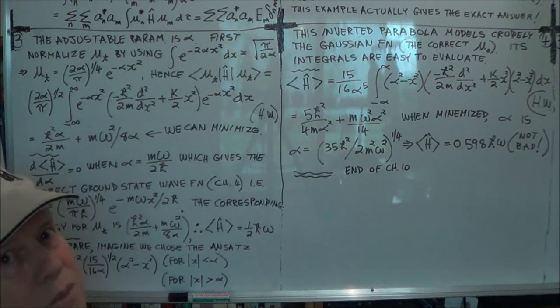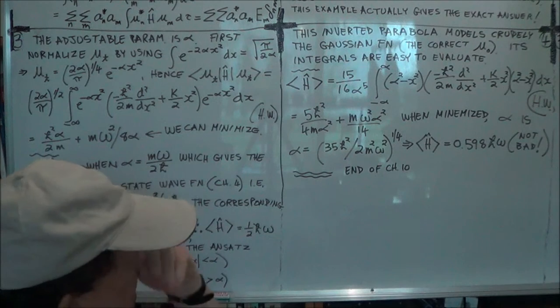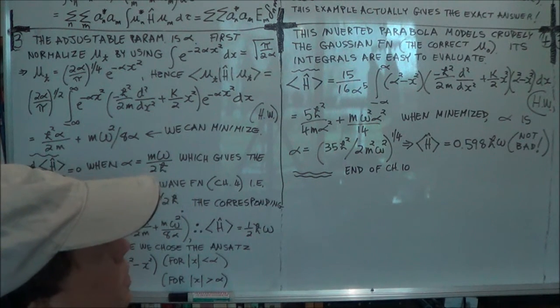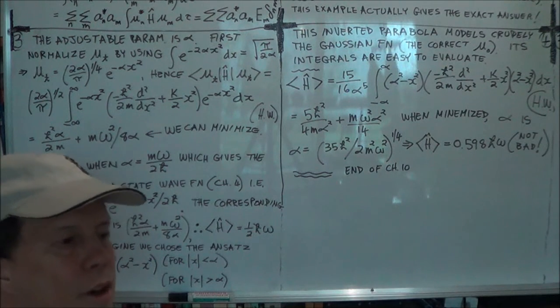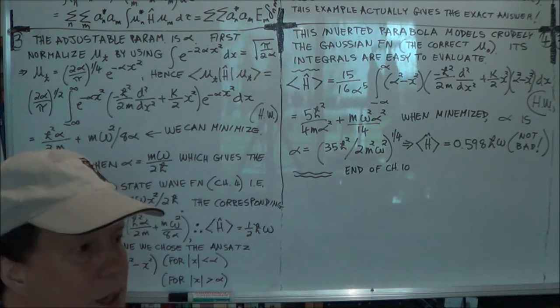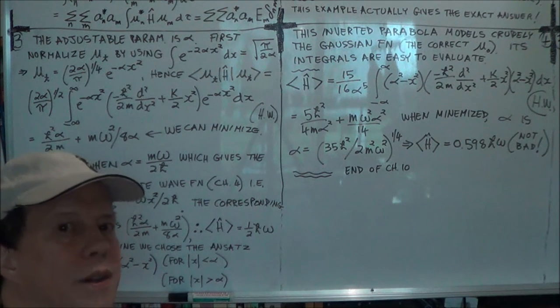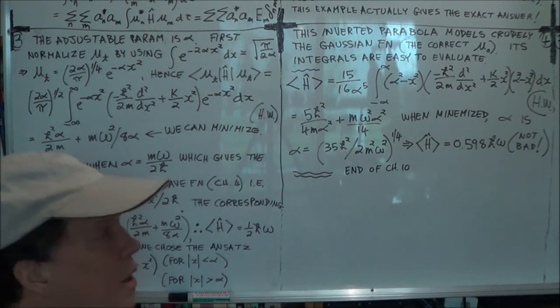So it's an approximation to an approximation, if you like. So we expect the expectation value coming from this second ansatz, the second trial solution, will be a bit worse, a bit more inaccurate than the first one.